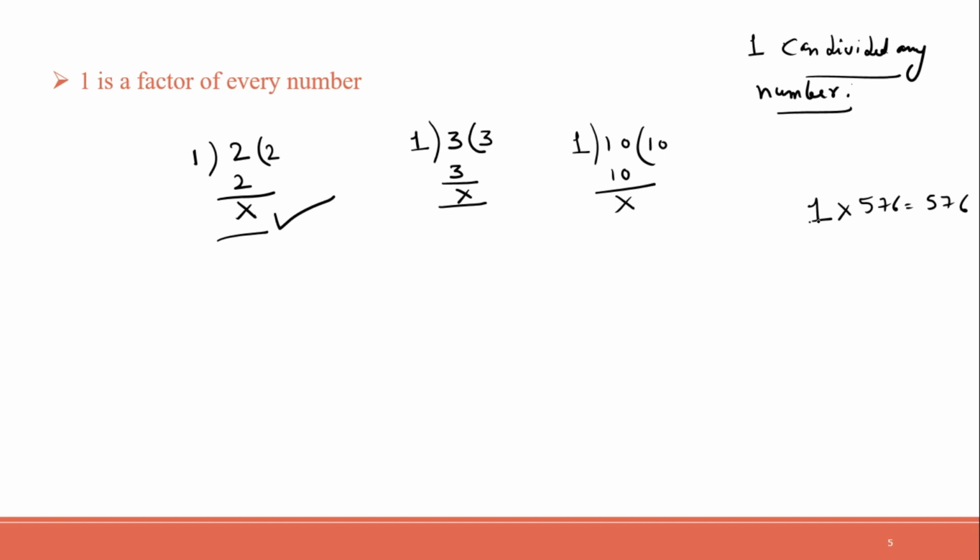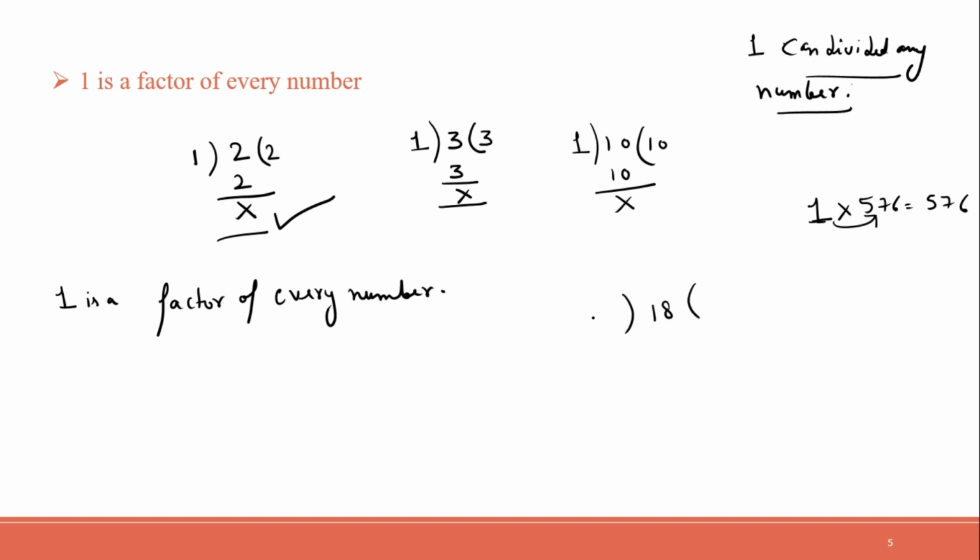So it will completely divide this number, right? That means there will be no remainder left. So we can say that 1 is a factor of every number, because 1 can divide any number without leaving any remainder.